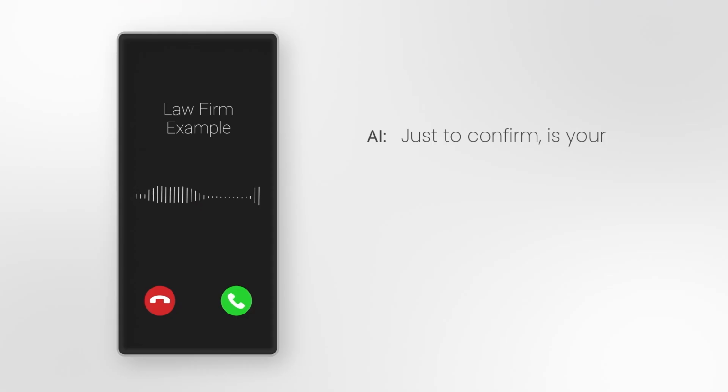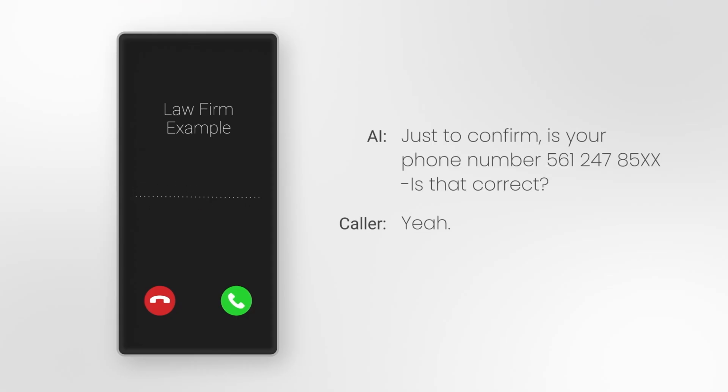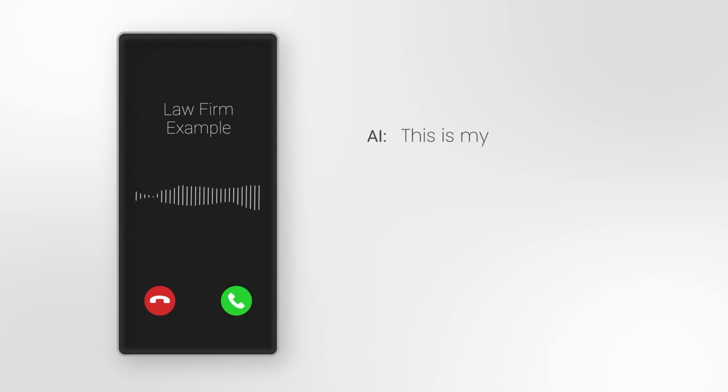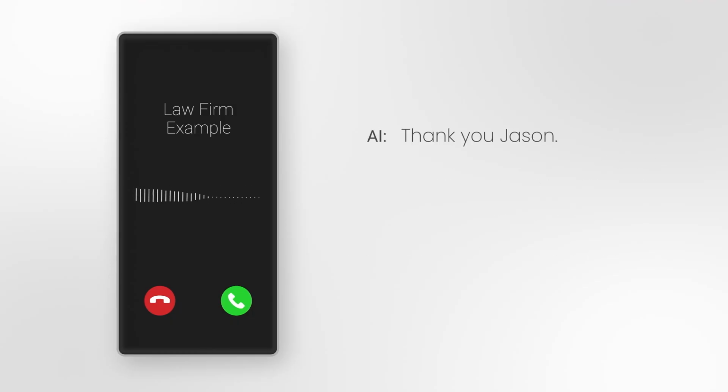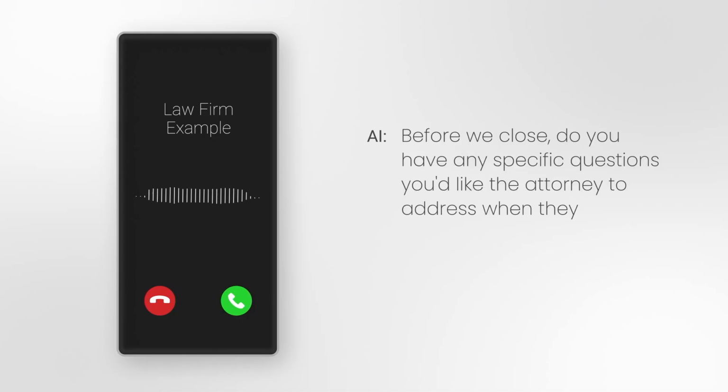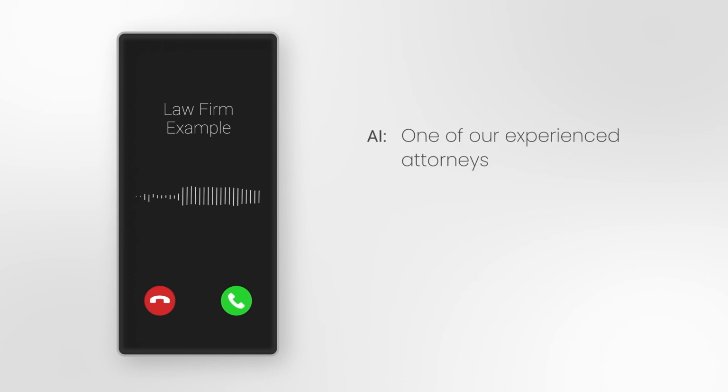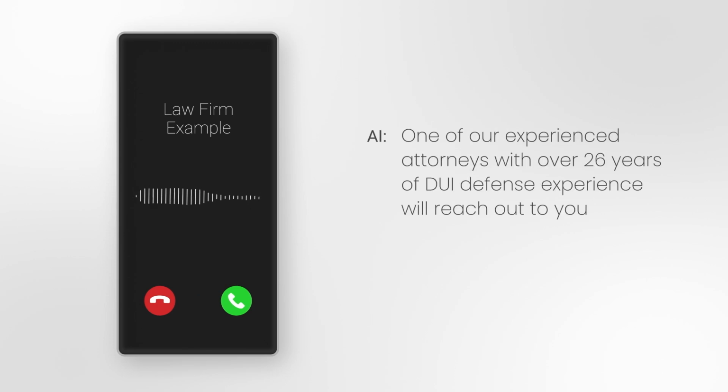Just to confirm, is your phone number 561-247-85? Is that correct? Yeah. Great, thank you. This is my last question. When would you prefer the attorney to call you? Would you like a call as soon as possible, or is there a specific day or time that works best for you? As soon as possible, please. Thank you, Jason. Before we close, do you have any specific questions you'd like the attorney to address when they call you? No, not really. One of our experienced attorneys with over 26 years of DUI defense experience will reach out to you shortly.